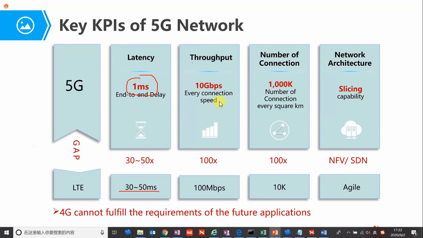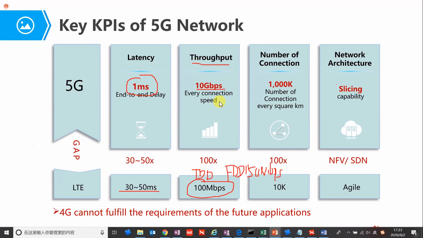About throughput, the LTE network can only support 100 Mbps to 150 Mbps for the TDD system, and our 5G system can support 10 Gbps.